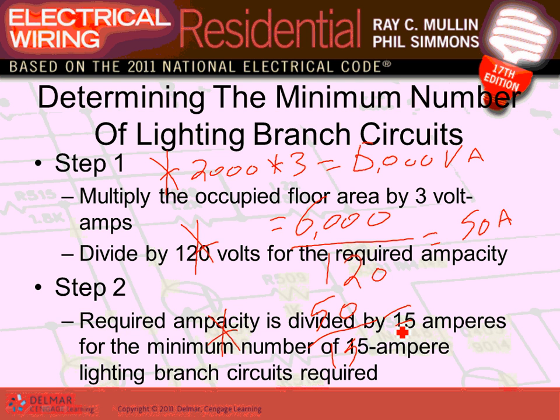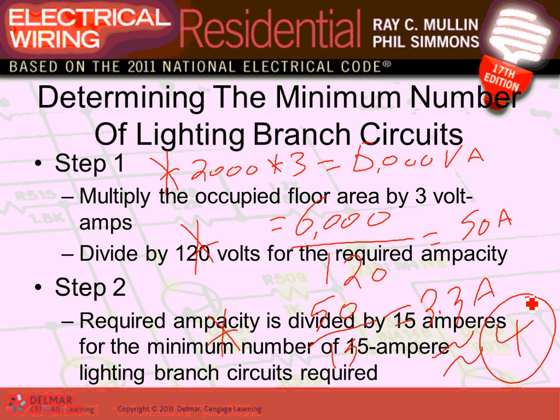Because the circuits that we're feeding are 15 amp. How much is that? 3.3. I don't know about you guys, but there is no 0.3 of a circuit. So that will approximate to how many circuits? 4 circuits. So your house, minimum, is going to have 4 circuits.